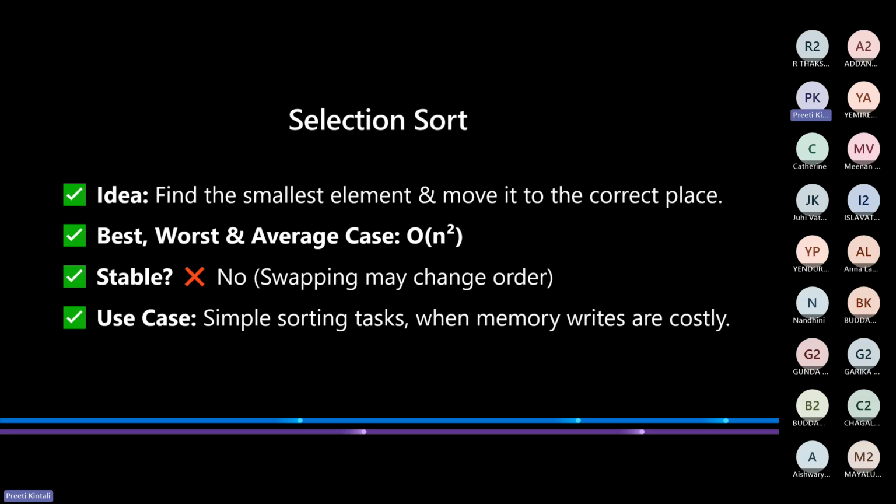But we have to follow the same approach: if we are finding the smallest element, then in all the iterations we have to find the smallest element only, and vice versa. In all cases, the algorithm's time complexity is big O of n square.